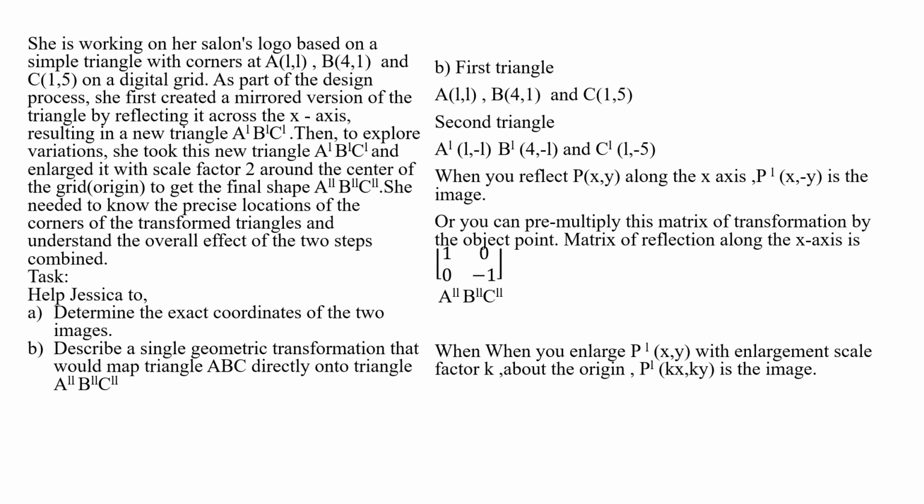So here, now that I have 2 as the enlargement scale factor, I say 2 times x, then 2 times y. So it depends on the enlargement scale factor that you have been given. But this only works when you are enlarging about the origin.